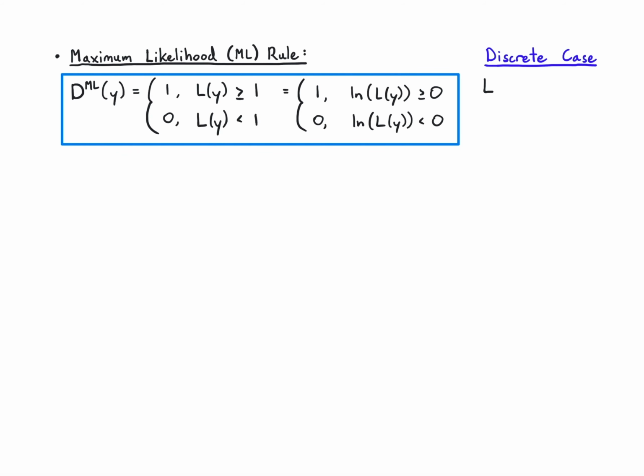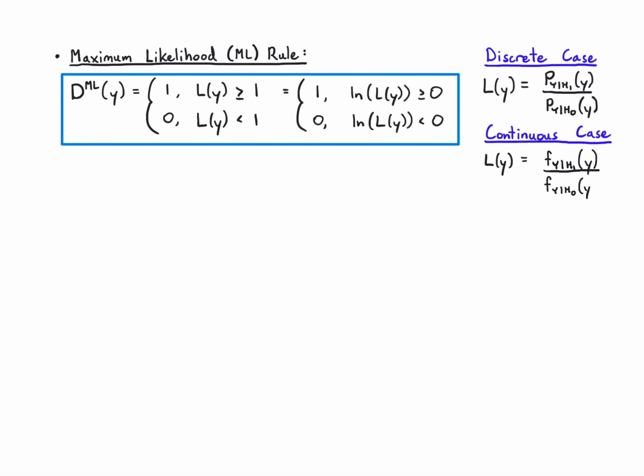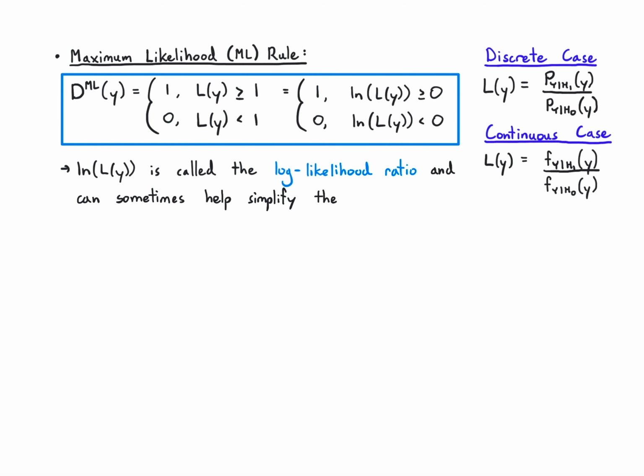Just to put it on the same slide, remember the likelihood ratio is the ratio of the conditional PMFs in the discrete case and the ratio of the conditional PDFs in the continuous case. You might see this terminology around that ln of L of Y, the natural log of the likelihood ratio, is the log likelihood ratio. This can sometimes help us simplify the form of the decision rule. When we have a particular decision rule, sometimes taking logs helps us get rid of some terms.